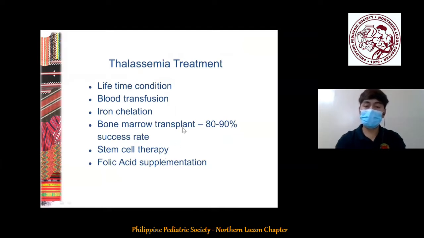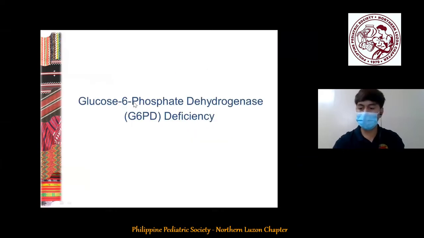For alpha thalassemias under continuity clinics in the whole Philippines, we are more on the folic acid supplementation. Some of our patients require blood transfusions also. Okay, next, glucose-6-phosphate dehydrogenase deficiency.